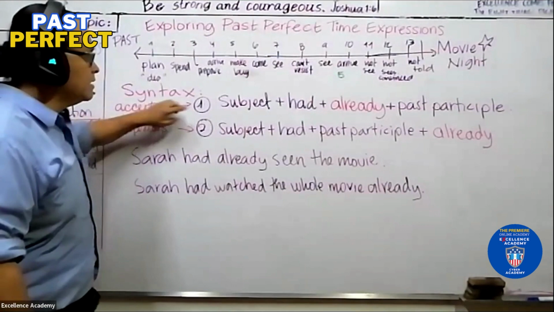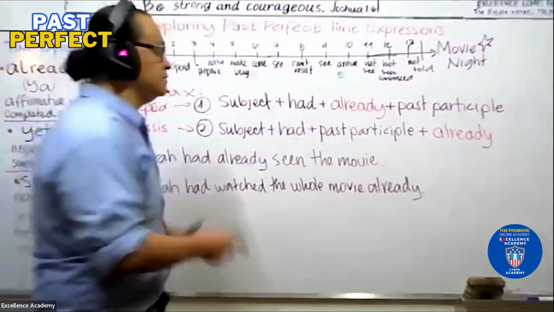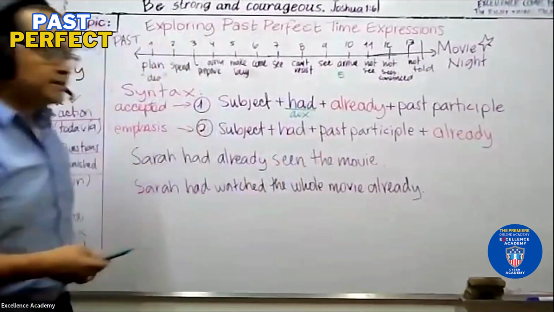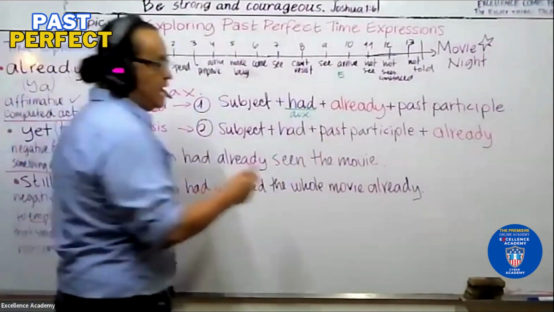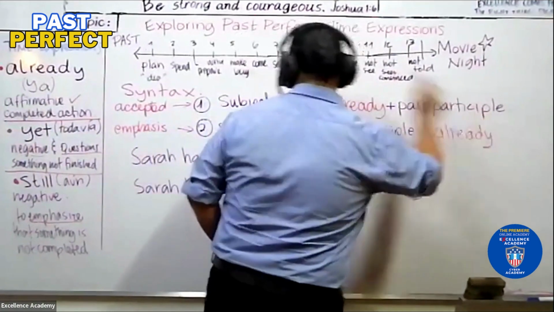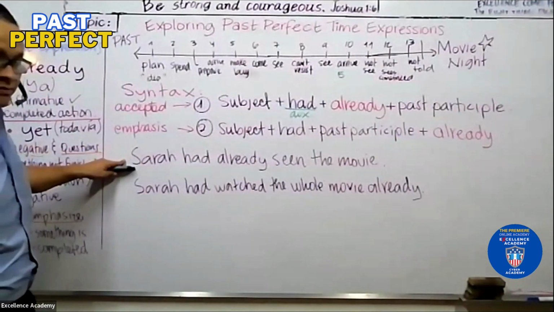Number one, you're going to start with the subject plus the auxiliary had. That's going to be our auxiliary verb, plus the time expression or the adverb already, plus the past participle verb. An example of this is this sentence: Sarah had already seen the movie.